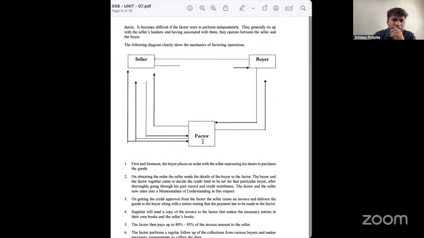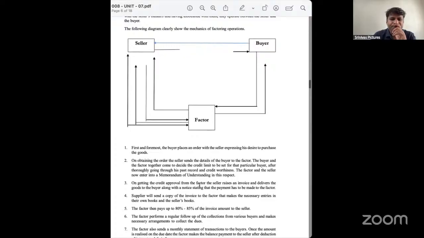So when the seller sends the buyer details to the factor, the factor will approach the buyer and decide how much credit limit to approve for the buyer. They also enter into a memorandum of understanding agreement.